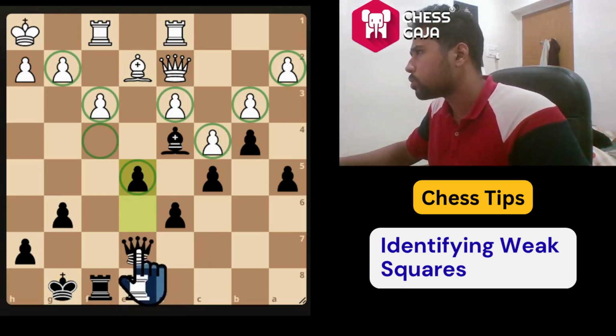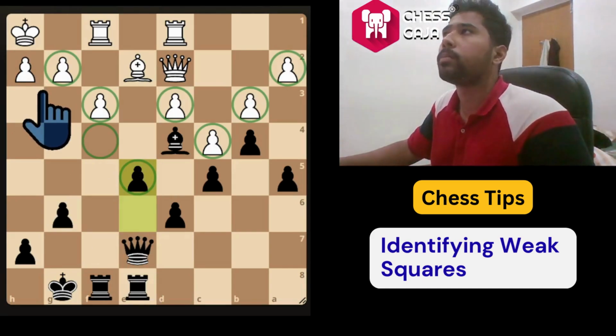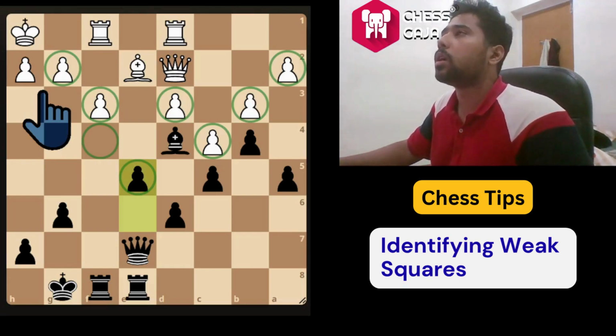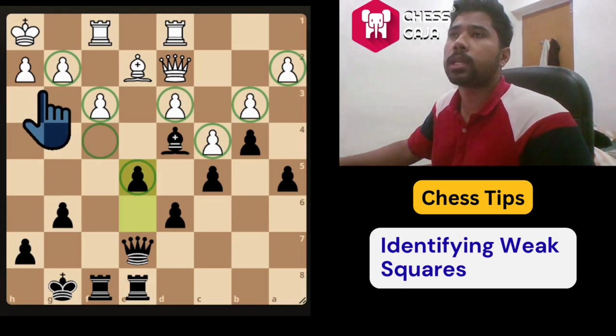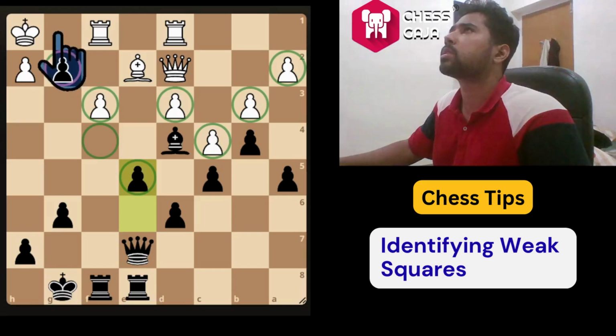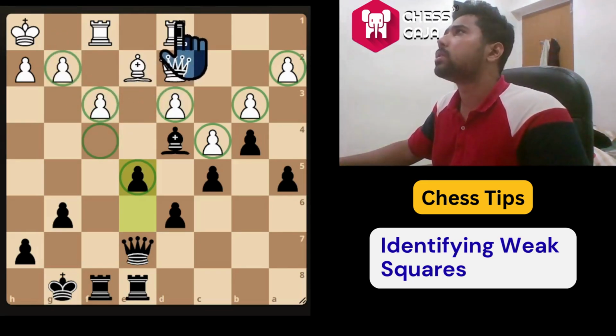Black just has to start an attack on white's king, and it will be very difficult for white to make sure that there will be any kind of defense, as the black bishop on the dark squares is extremely dominating compared to its counterpart on the e2 square.